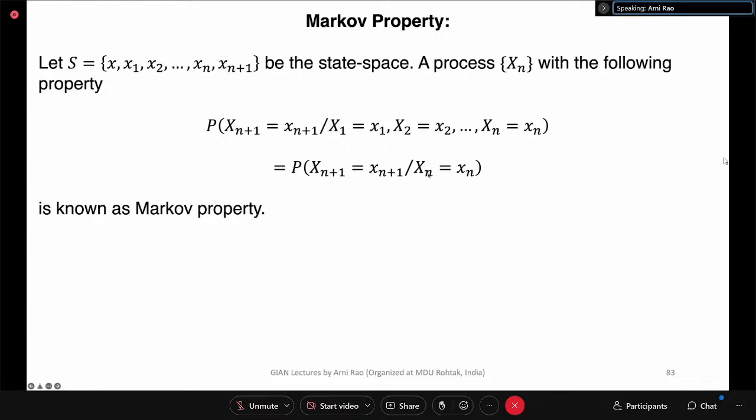If such a property holds, we say the stochastic process Xn follows the Markov property. Markov is the name of the person who suggested this property.